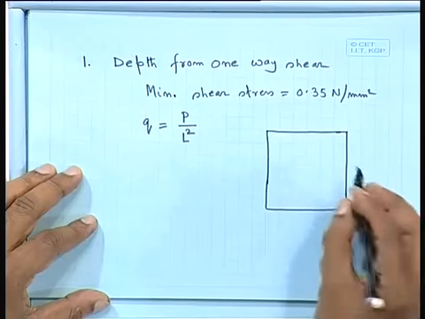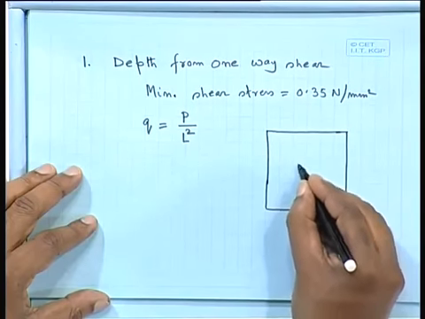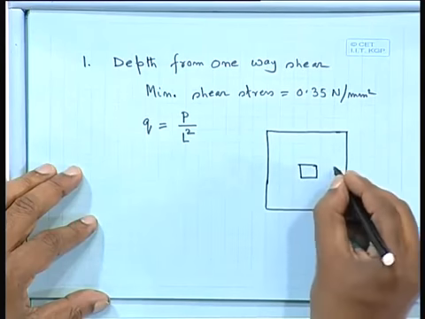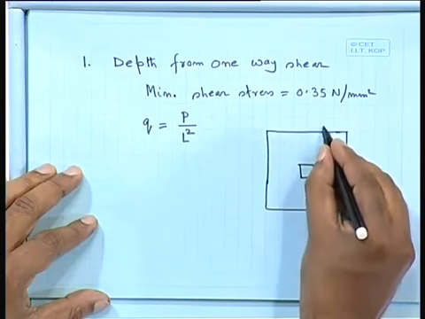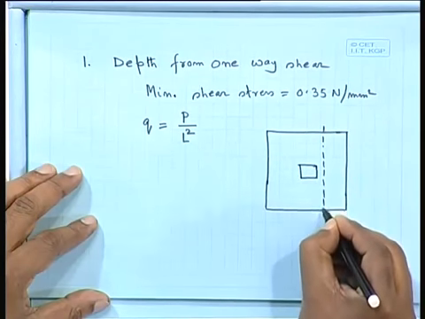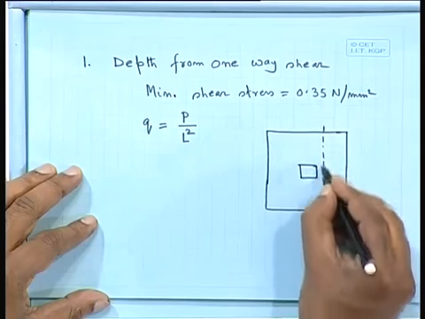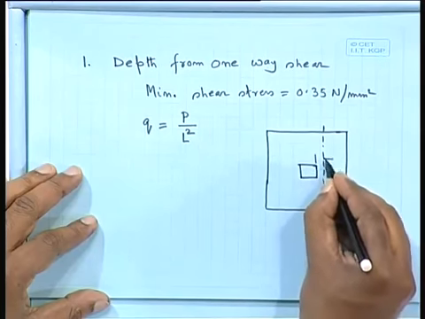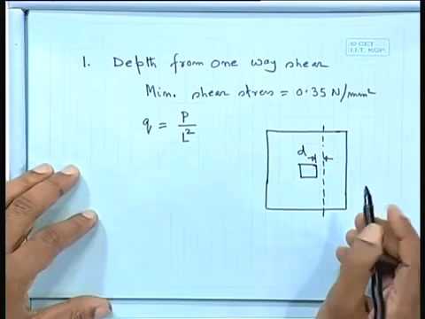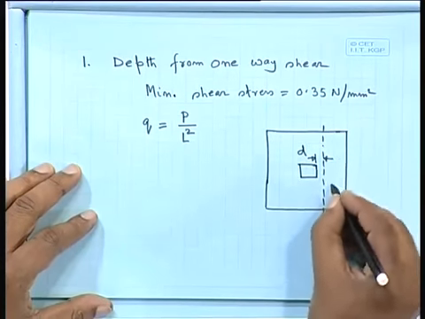We are interested to find out at a distance D. So this distance from the face of the column is D. So what about this length then?